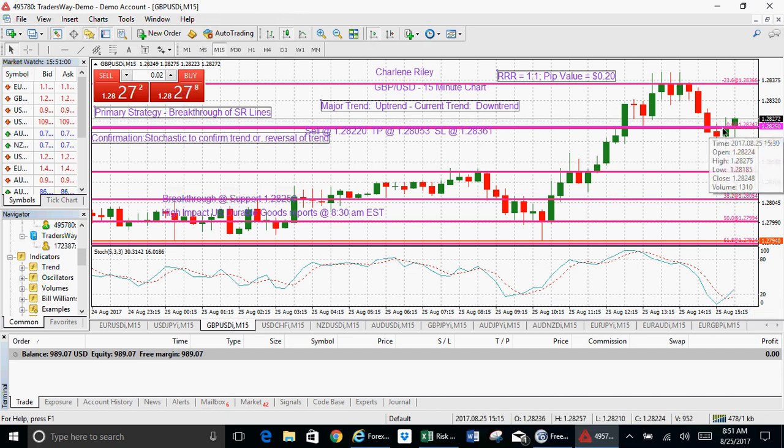And since we have the reversal and we're now breaking above the 1.28247 line, I am going to enter into a buy.